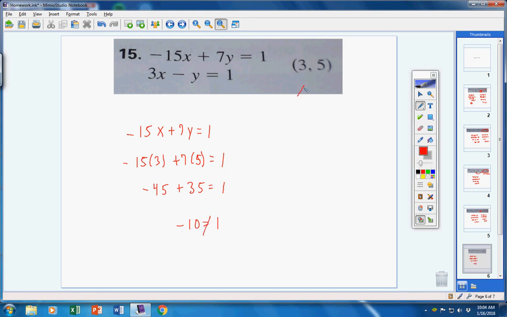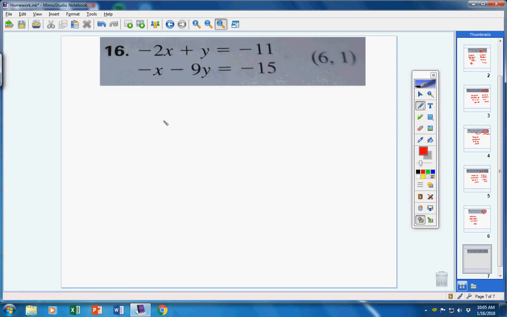So, no, this ordered pair is not a solution for number 15. If it fails in the first one, then there's no need to substitute it into the second equation. Okay? Number 16. Let's copy now our first equation here.